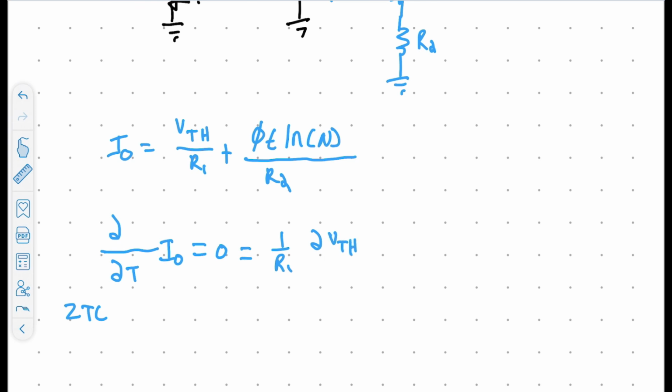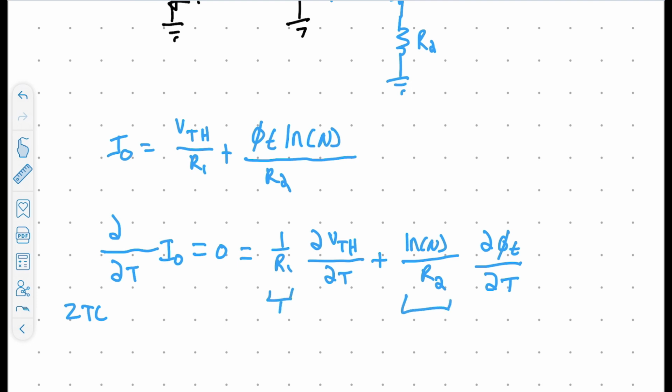dVTH dT plus natural log of N over R2 d phi t dT. And the reason I brought this first term and this second term out is because they have no temperature dependence.